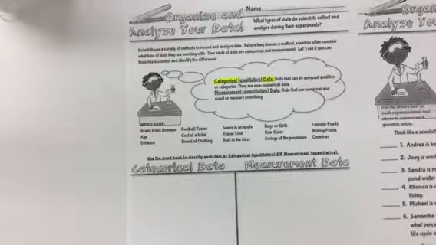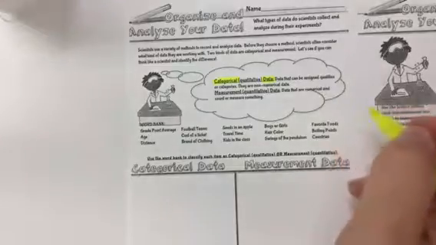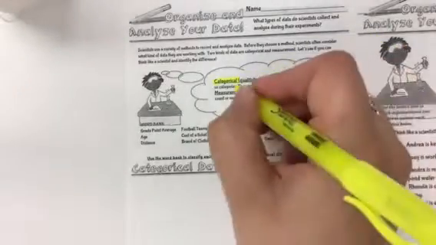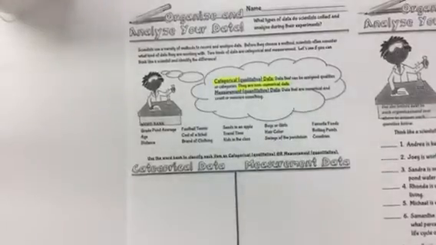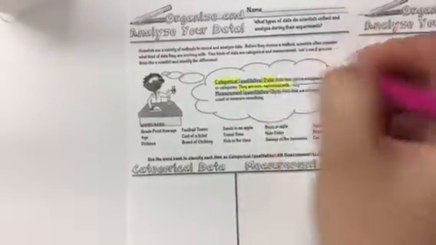Somebody read me the definition for categorical data. Ashton. Data that can be assigned qualities or categories. They are non-numerical data. Non-numerical data.